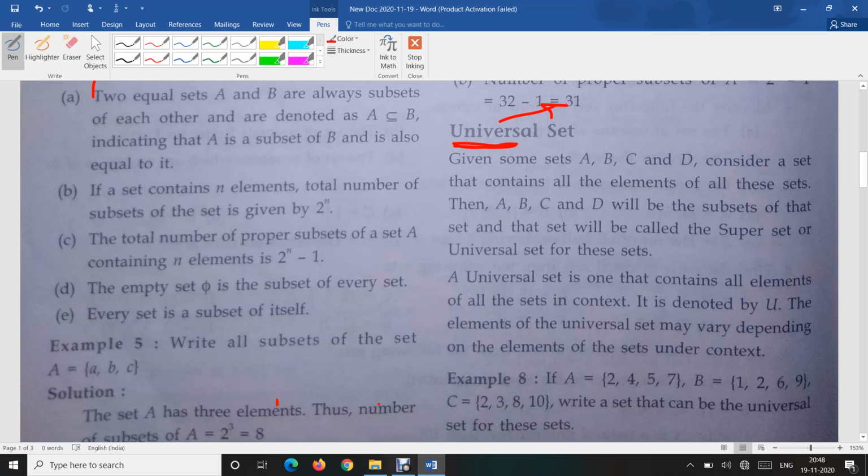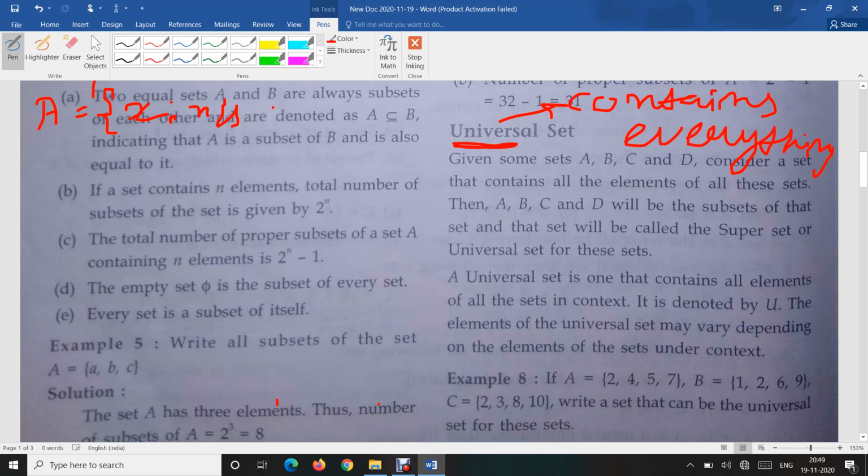Universal contains everything. So what is the universal set? The set that contains everything.